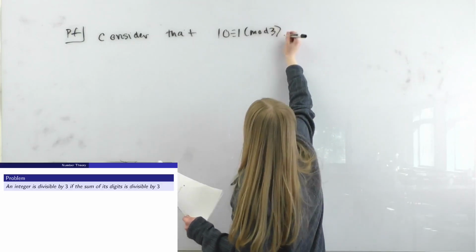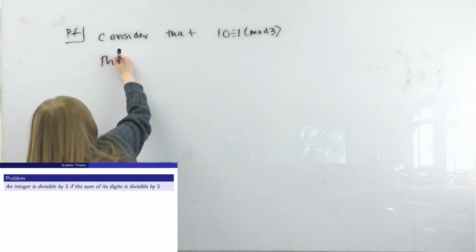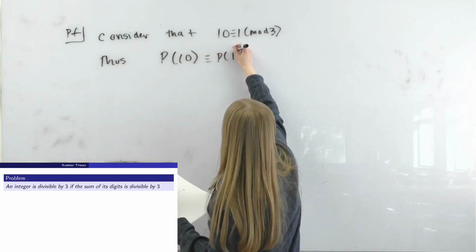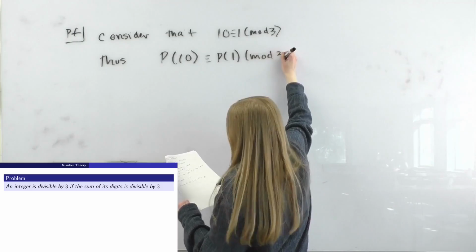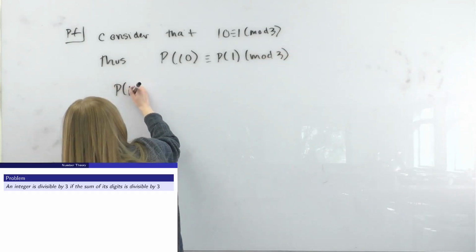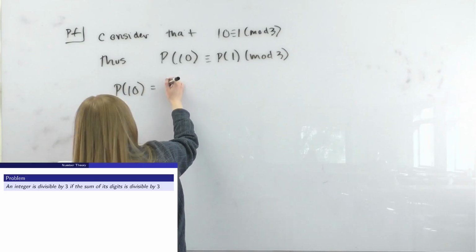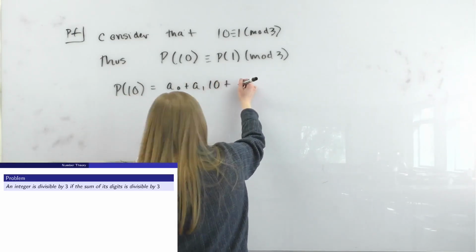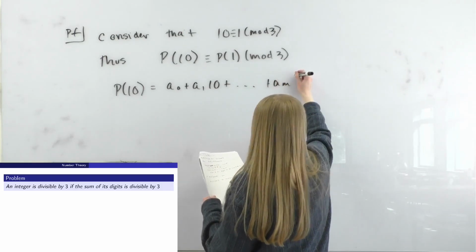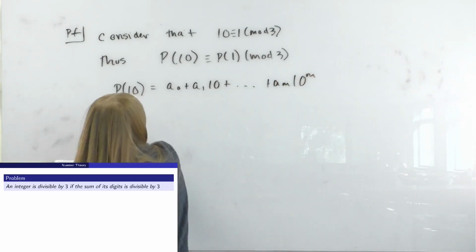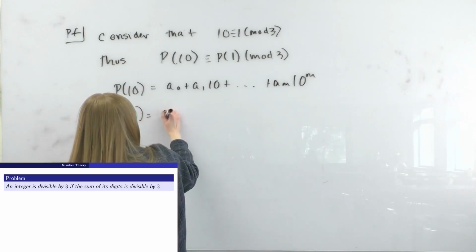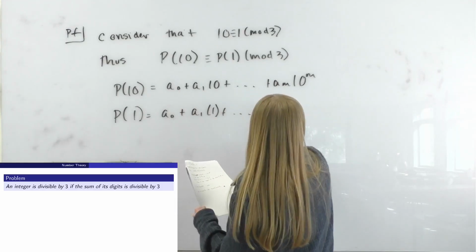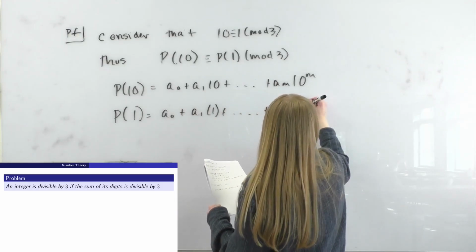Thus, P of 10 is congruent to P of 1 mod 3. Note that P of 10 is just a_0 plus a_1 times 10 plus dot dot dot plus a_m times 10^m, and P of 1 is just equal to a_0 plus a_1 times 1 plus dot dot dot plus a_m times 1 to the m power.